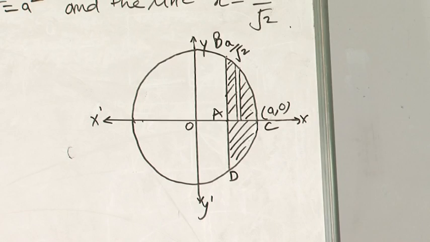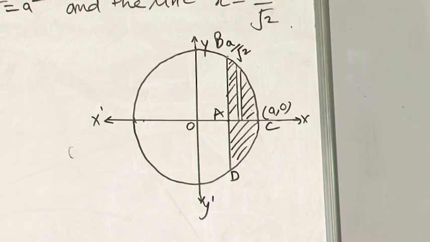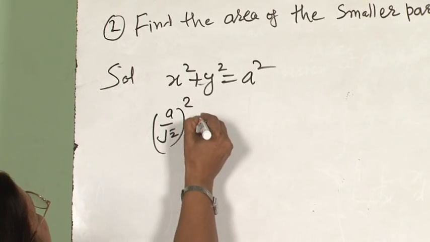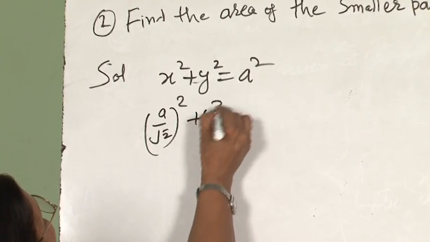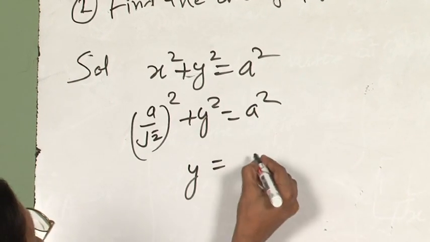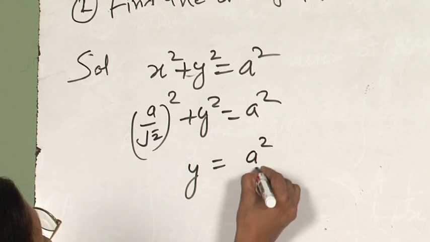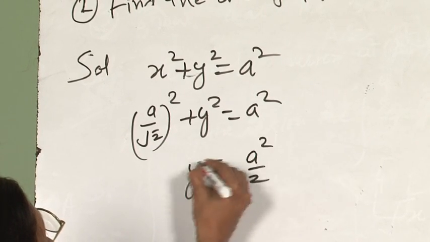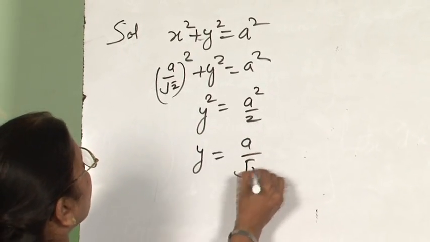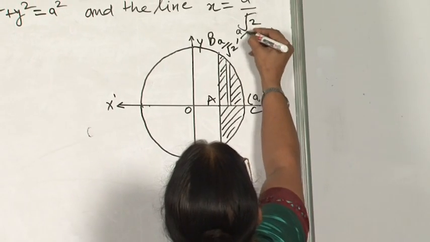Now, here y coordinate of this point: if we put x is equal to a upon root 2 in the equation of circle, y square becomes a square minus a square by 2, that is a square by 2. So, y is equal to a upon root 2. So, y coordinate of this point is also a upon root 2.